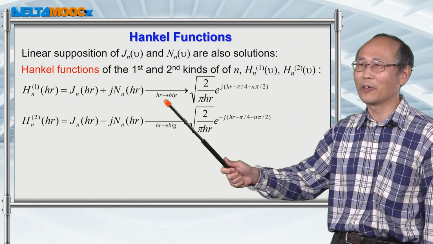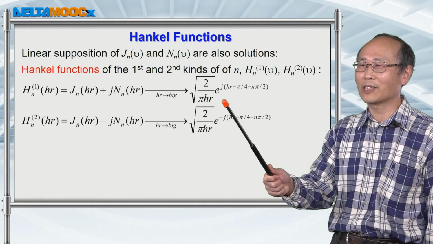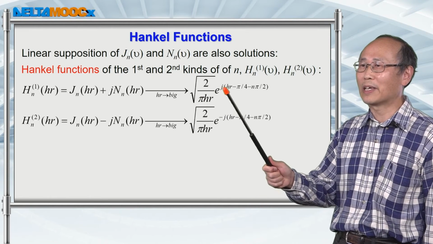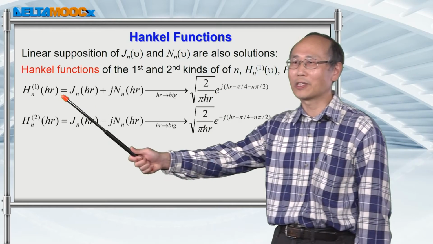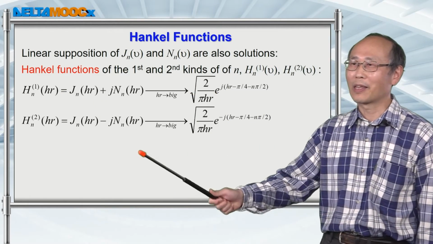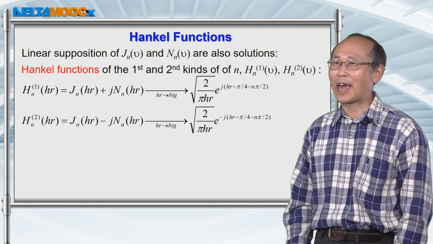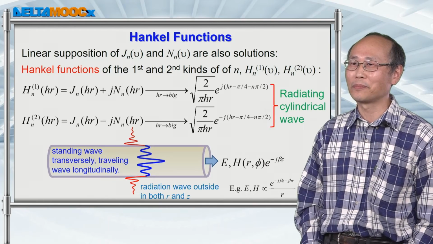Again, if you allow this argument to approach a big value, then this is nothing more than a complex exponential describing a wave radiating along the r direction, and we call this the Hankel function. So if you want to describe a radiation wave, then you have to involve a Hankel function in your solution.